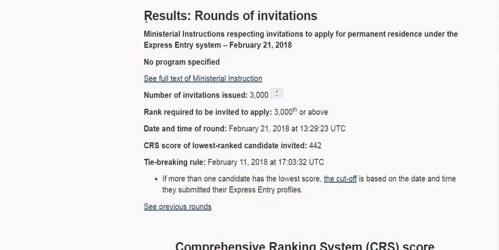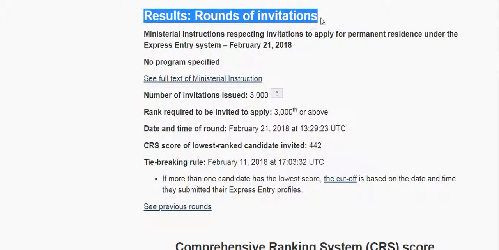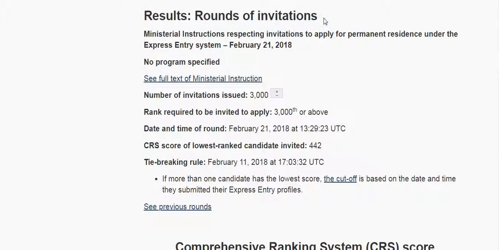This is a result around an invitation of the Canadian Express Entry System, February 21, 2018. Now, the number of invitations issued was 3,000, and rank required to be invited to apply is 3,000 or above.